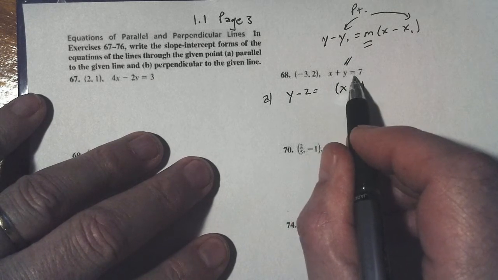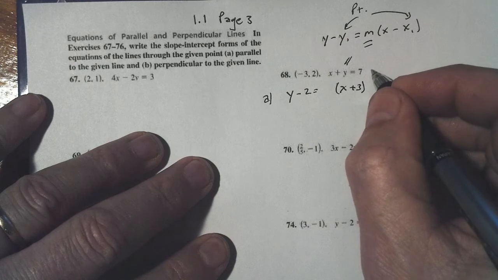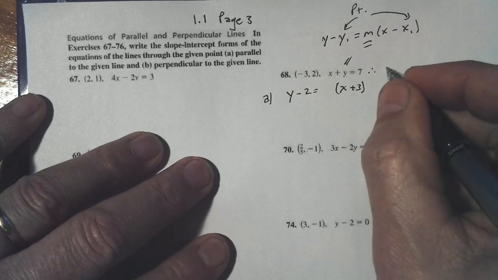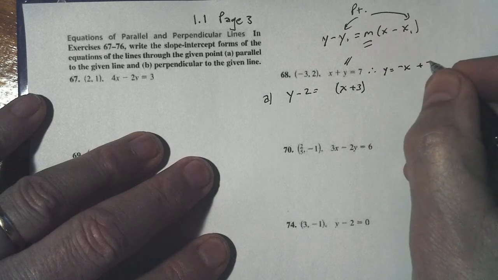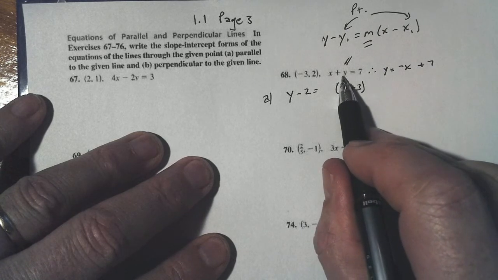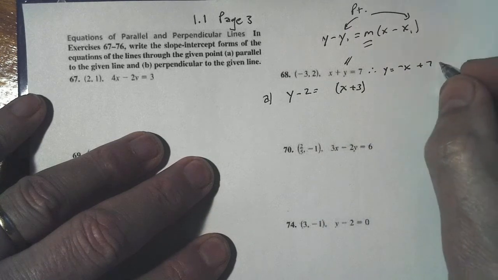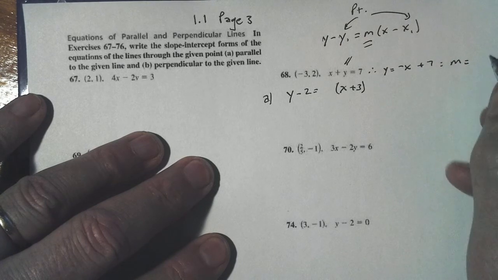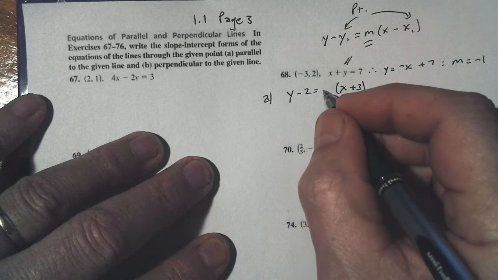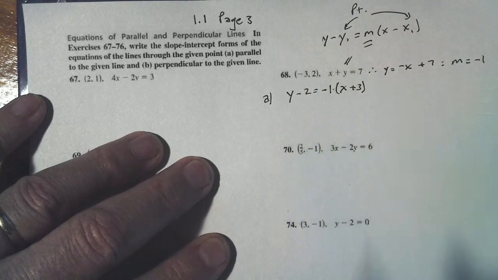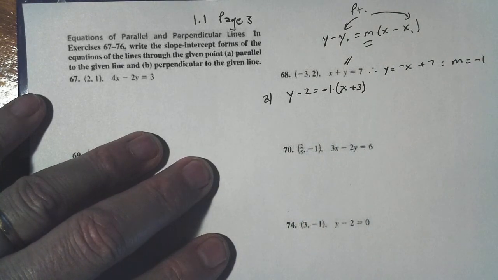The equation of this line in slope-intercept form is y equals -x plus 7. So the line that we want to be parallel to has slope -1. Therefore, the line we want needs a slope of -1, and we've got all 3 puzzle pieces.